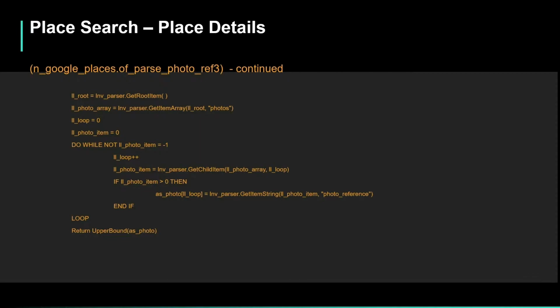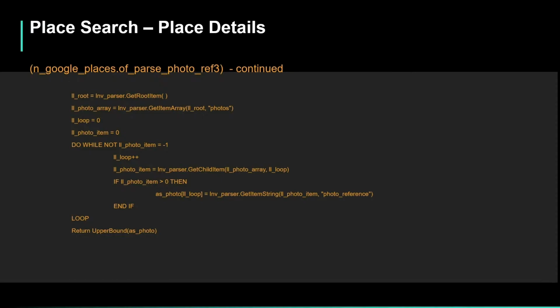And so I say while the photo item is not -1, I increment the loop, and then we start our get child item. So this will loop through the array and pull out each individual child item. And then once we have that item, again, I check if the item is greater than 0.